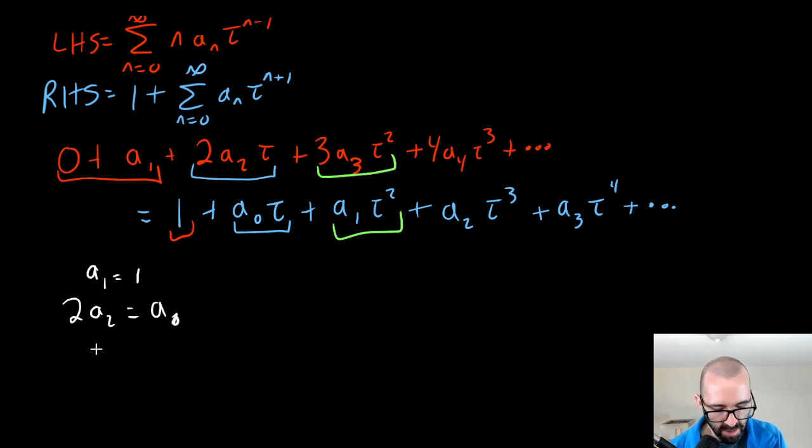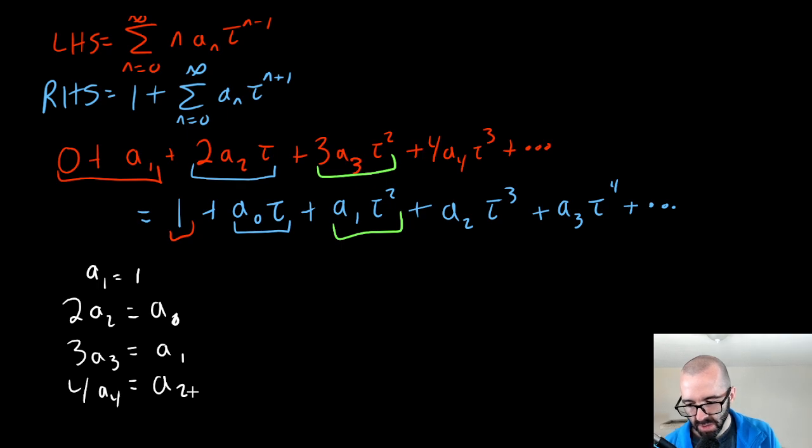And again, you're going to see another pattern, right? Oh wait, hold on, let's write that in the other order. 3 a sub 3 needs to equal a sub 1, and then you're going to get 4 a sub 4 equals a sub 2, and so on.